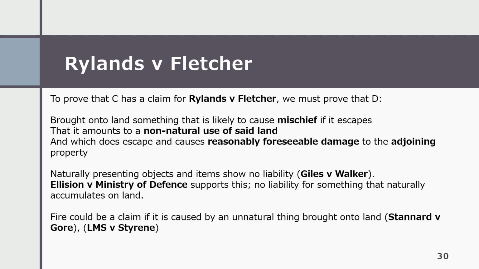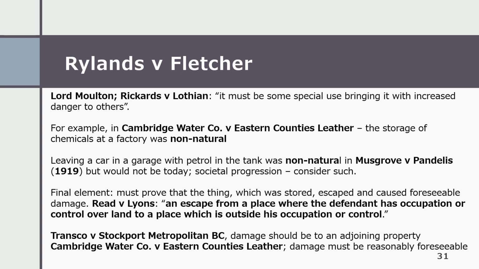Fletcher can be used. So Lord Moulton in Rickards v. Lothian states that it must be some special use bringing with it an increased danger to others. For example, in Cambridge Water Co. v. Eastern Counties Leather, the storage of chemicals at a factory was non-natural. Leaving a car in a garage with petrol in a tank was non-natural in Musgrove v.